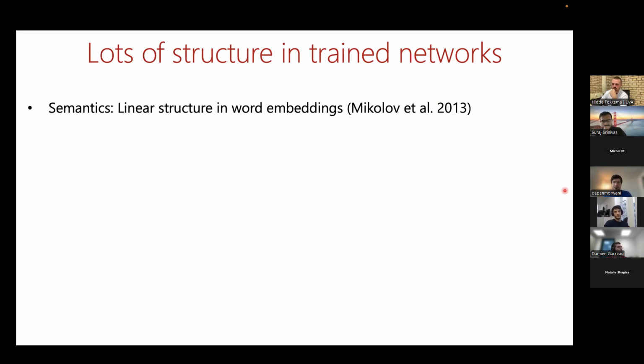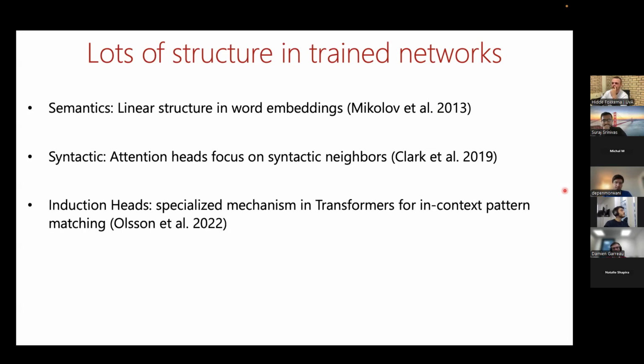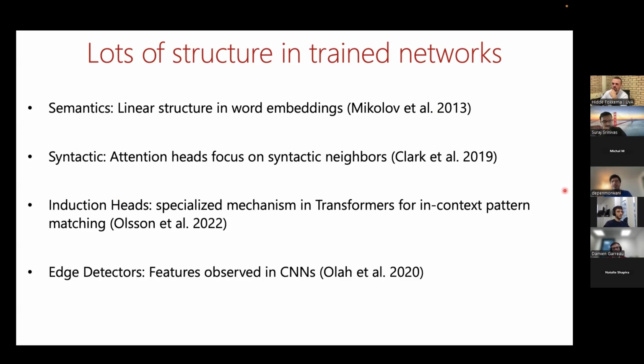Apart from this, there have been works which have shown that even the attention heads trained in neural nets discover some of the syntactic structure present in language. We already discussed what induction heads are. And even in CNNs, we have seen various feature detectors such as edge detectors, shape detectors, etc. So we do know there is a lot of structure which emerges in trained nets.